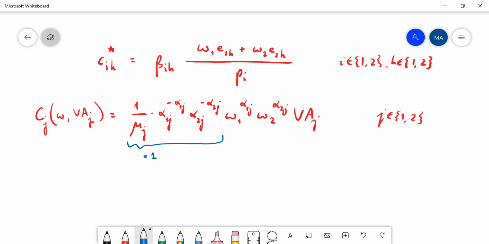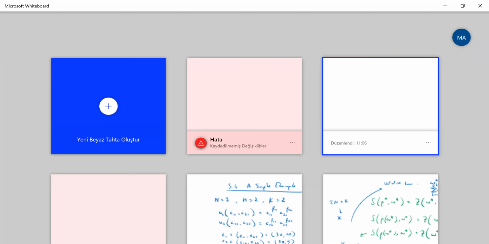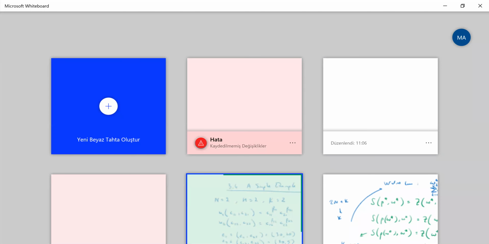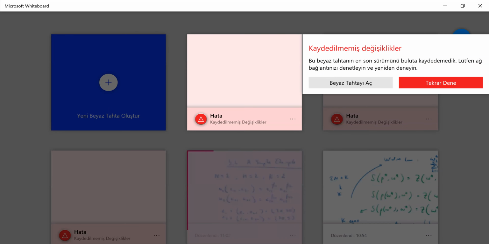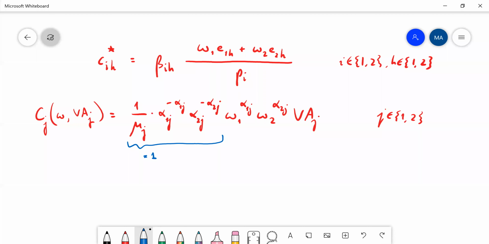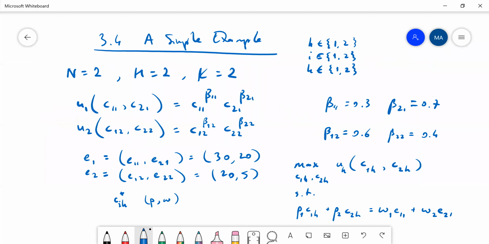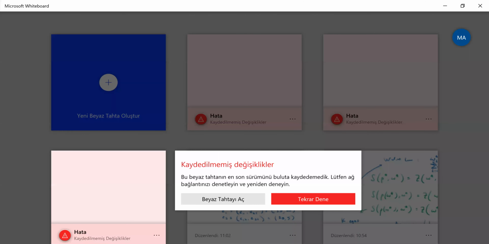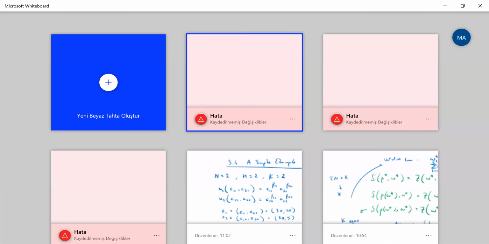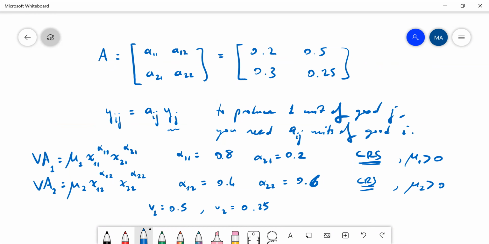If you look at the production function here, these mu parameters are basically about the measurement units.